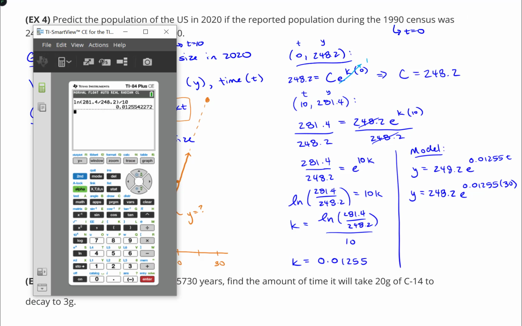Now, here's something you're going to want to get used to. I have written 0.01255 down here because it's easier to write 5 numbers instead of, I guess, 9 or 12, however many decimals is shown here. But when you go to work these problems in the homework, you want it to be as accurate as possible.